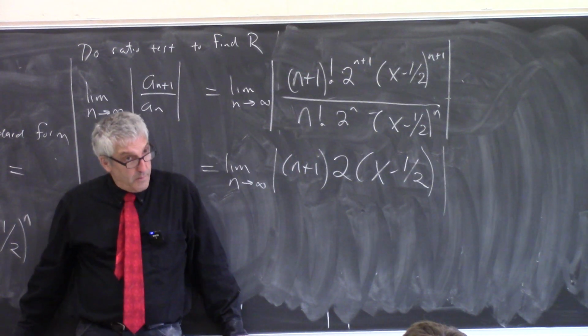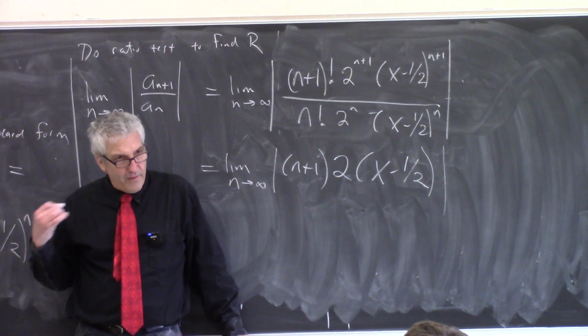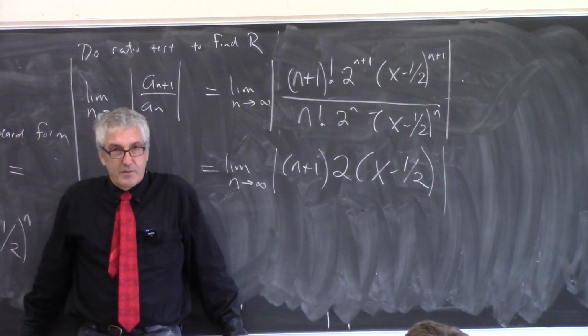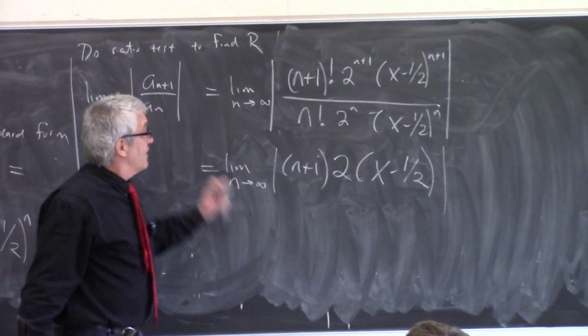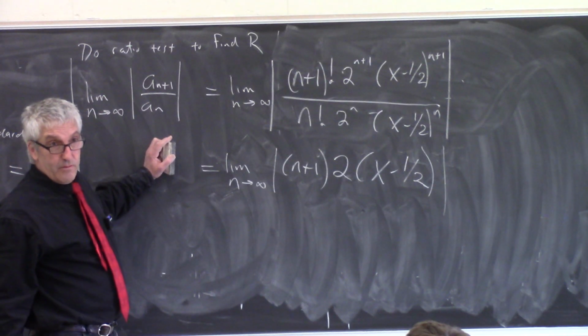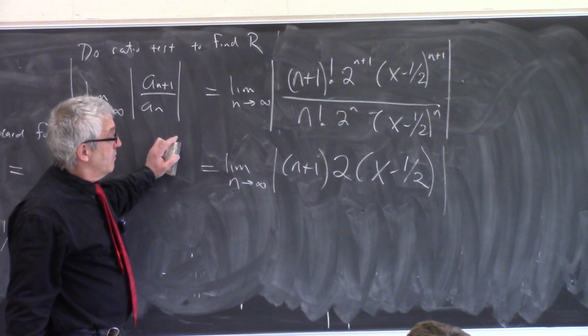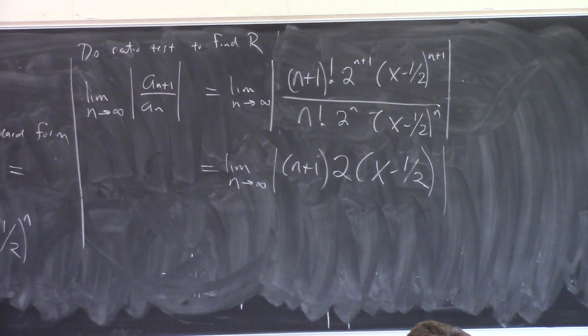So we're interested in for what values of x does the series converge. So the question is, when would this limit be a number that's less than 1? Well, we already know that the original series converges when x equals 1/2.